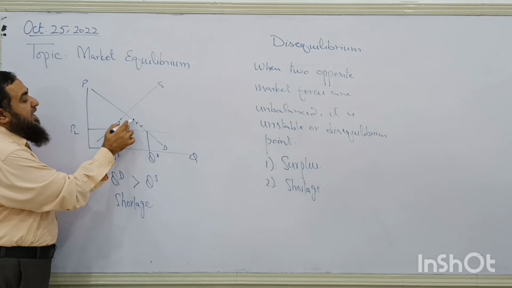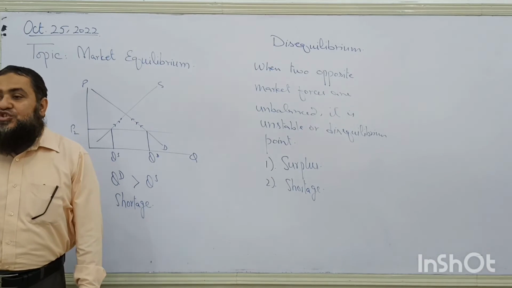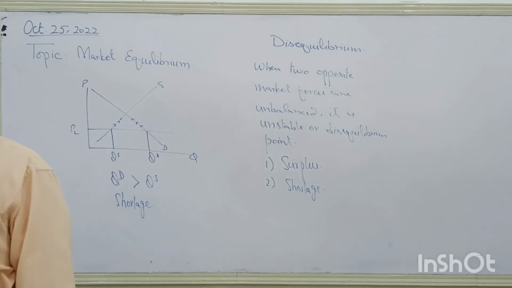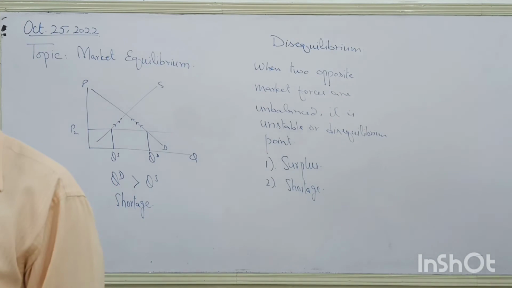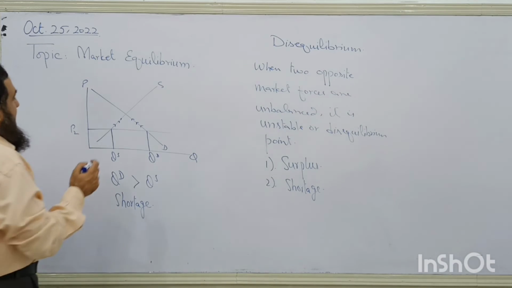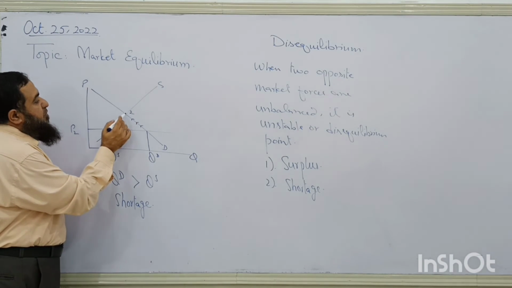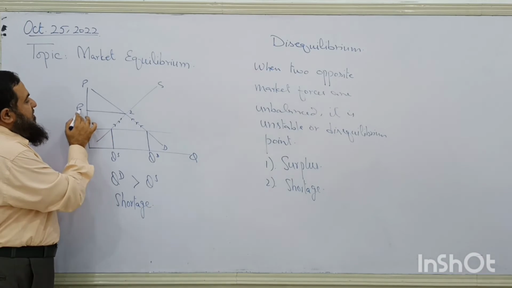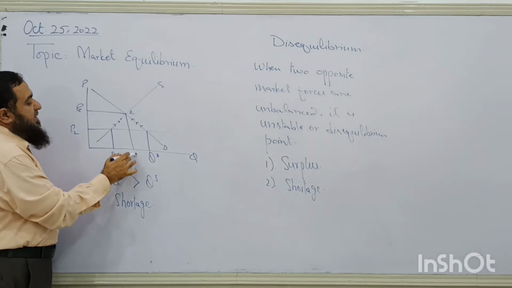And when prices are increasing, the consumers will decrease their quantity demanded, and this increase in price will encourage the suppliers to increase their quantity supplied. And again at the equilibrium point, we find stability.